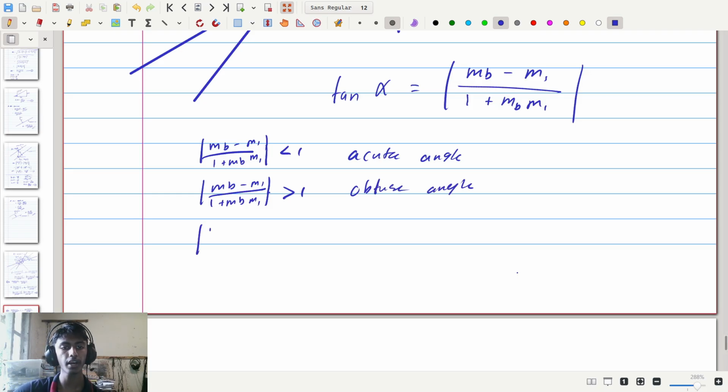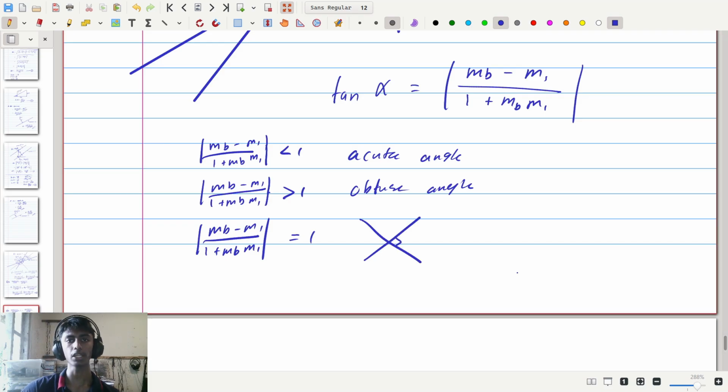And in the case where the absolute value of mb minus m1 divided by 1 plus mb m1 is equal to 1, then the two lines are perpendicular to each other. Therefore, we just cut this 90-degree angle into two 45-degree angles, which is why we got tan of 45 degrees equal to 1.